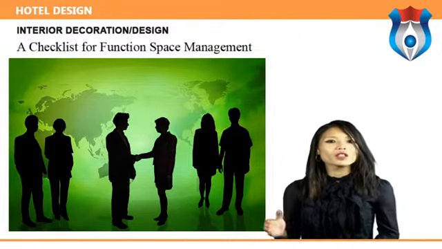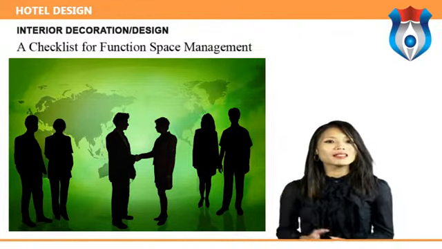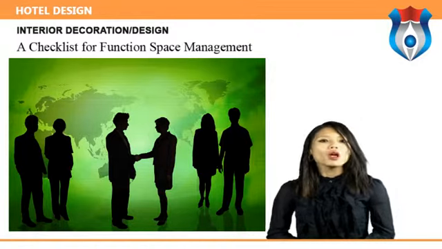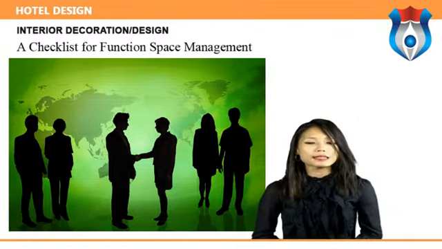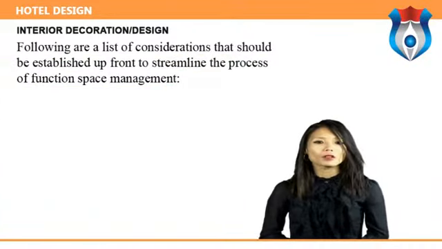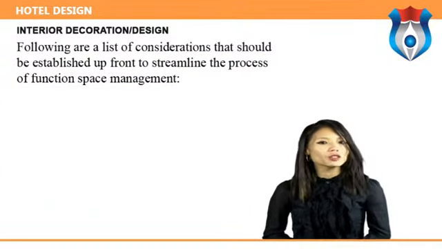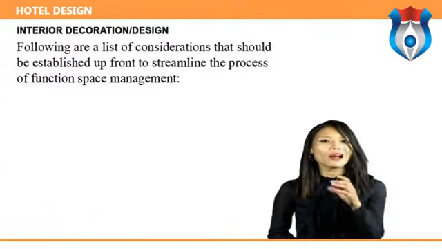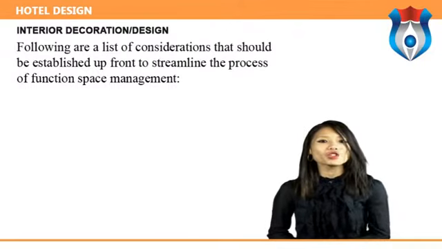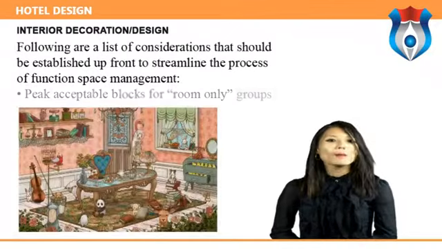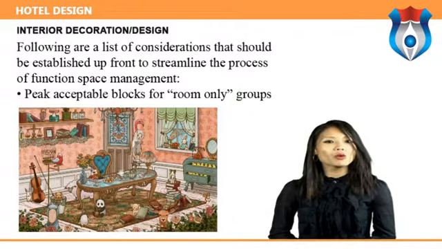No group lead is going to fit perfectly into these guidelines, but they provide a measure by which different group opportunities can be evaluated. Following is a list of considerations that should be established upfront to streamline the process of function space management. Peak acceptable blocks for room-only groups.